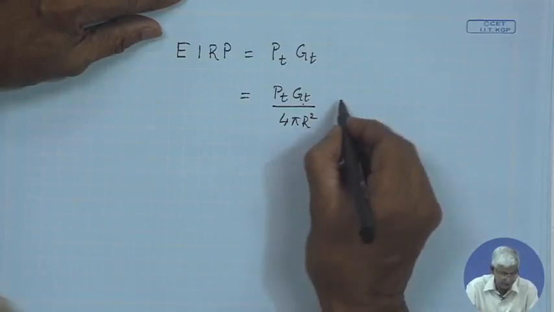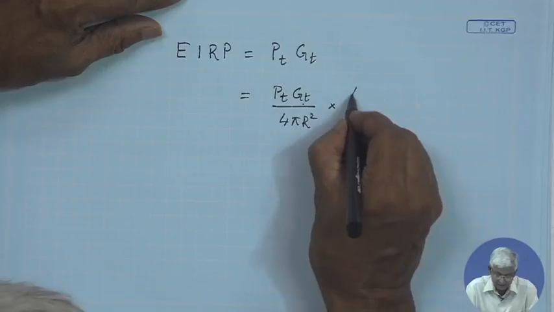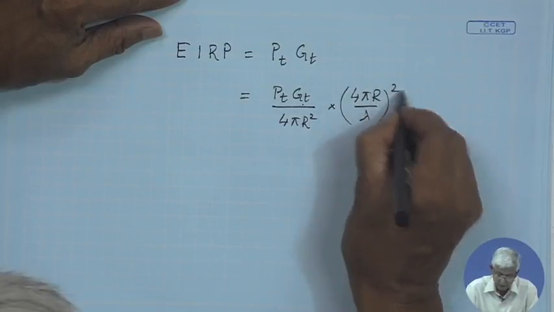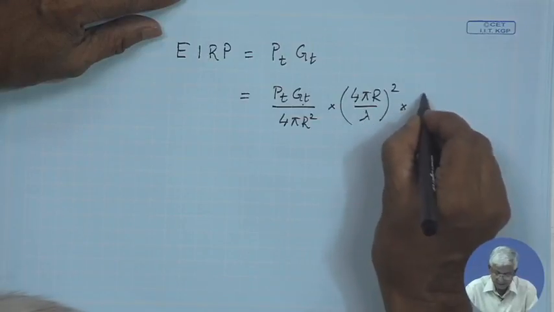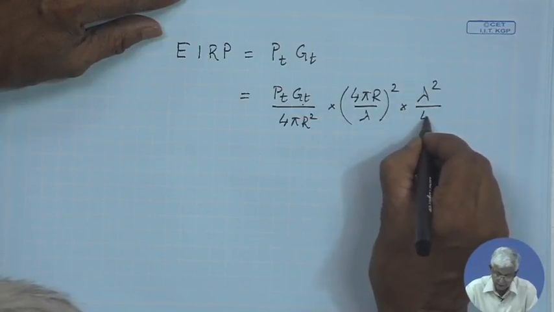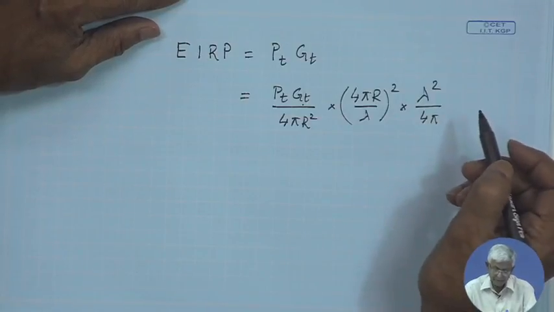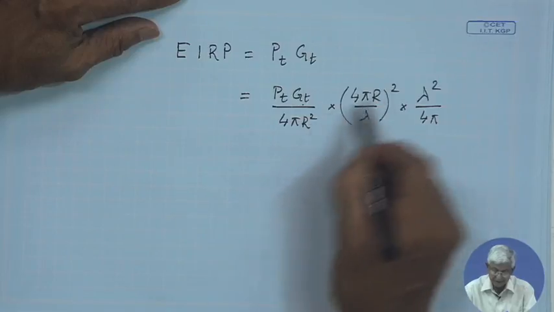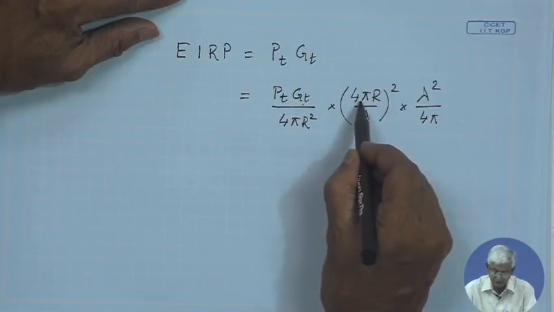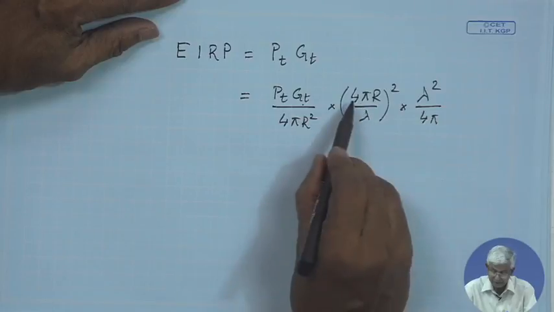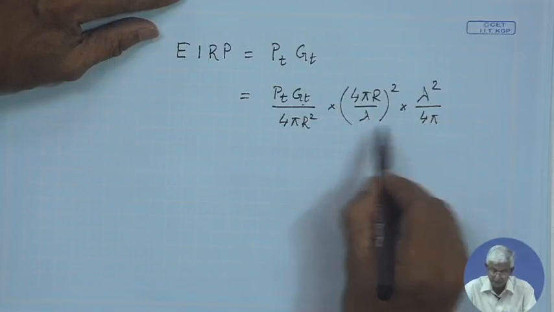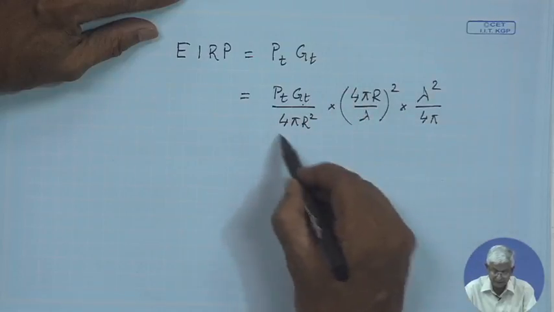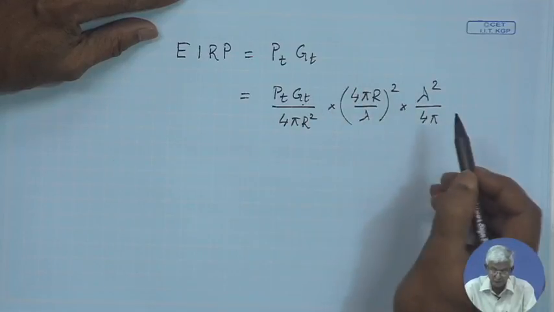I have introduced 4 pi r square, so I will cancel it with 4 pi r by lambda whole square. I brought in lambda, so I will cancel it with lambda square by 4 pi. You can see that r square is cancelled out, one 4 pi is cancelled, the other 4 pi gets cancelled by this one, and lambda square gets cancelled with lambda square. So, the terms I additionally introduced have a value equal to 1.